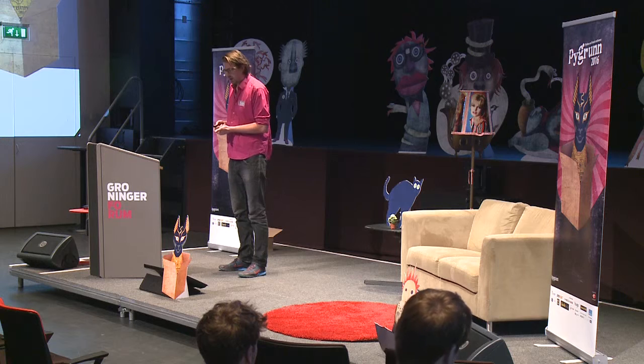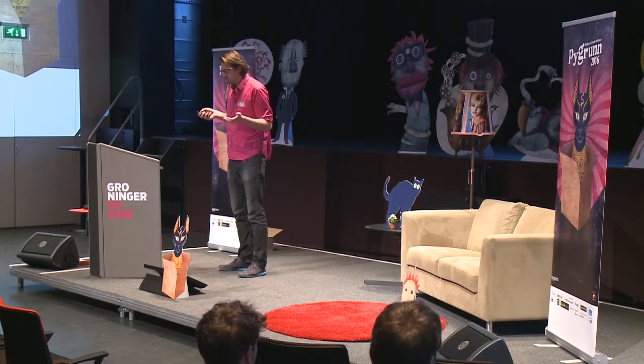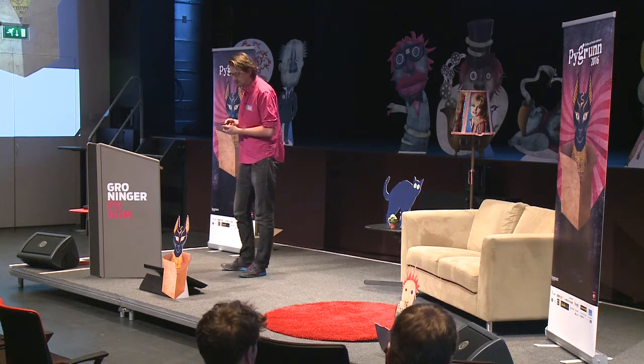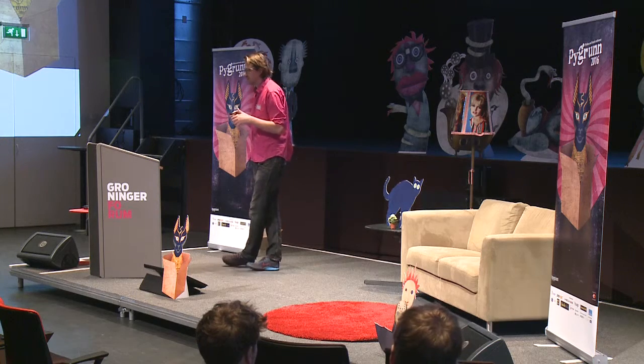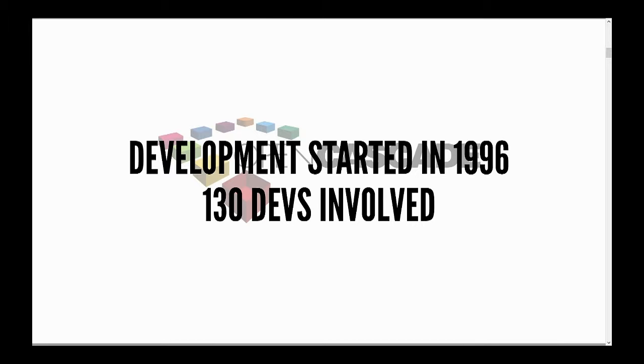And some basic statistics to substantiate it is that the software is comprised of 9,000 classes. Just the include files is 15,000 include files, right? So it's a behemoth of a software package. The development started in 1996. Currently, there are 130 developers maintaining that CAD kernel and further developing it.